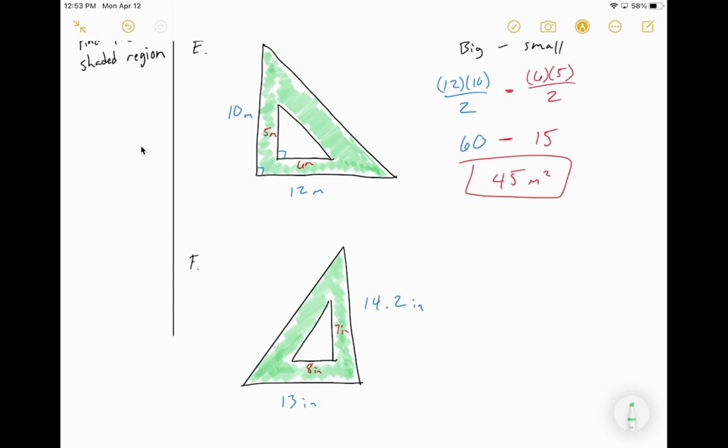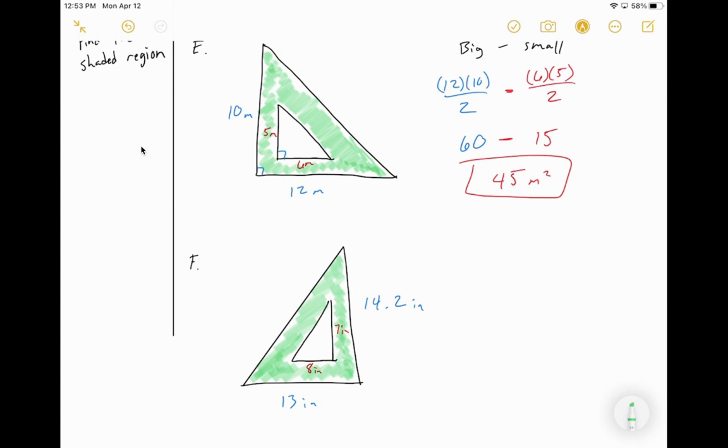Find the area of the shaded part. Yes, very good. Good job. Good job, Jenny. Good job, Kelly. All right. Anyone else?